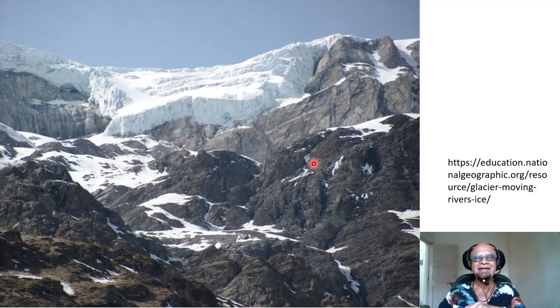Whereas a glacier forms on land because it needs snow to fall, and more snow to fall on top and more snow to fall on top. And how does that happen?